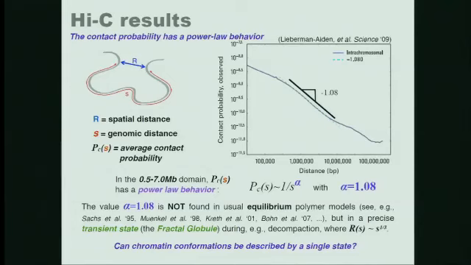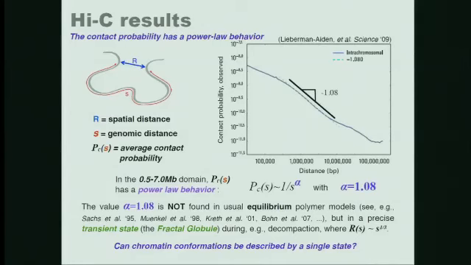So the idea is this: you take two loci which have a given genomic distance, and you measure the contact probability of those, and you average genome-wide. And you get, as we have seen this morning, a sort of power law behavior. So very exciting, a scale-free arrangement of chromatin, at least in a domain which goes between 0.5 and 7.